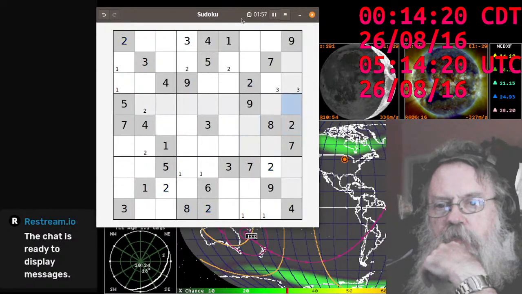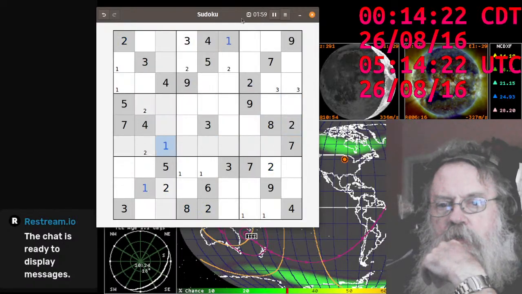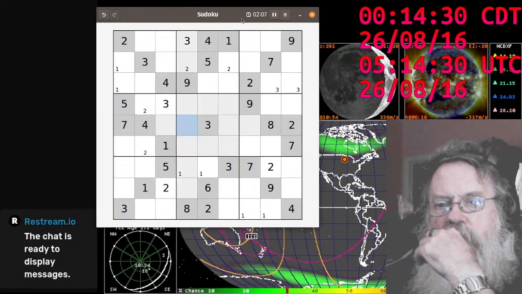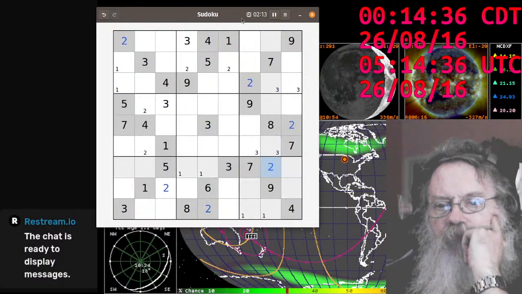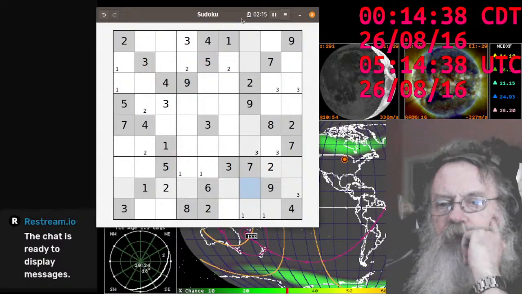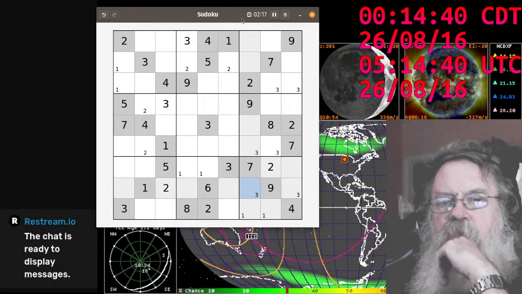Four possibilities here so far. 2 here, though. Oh, not that one, so that's a 3. Means one of these two is a 3, and down here, one of these two is a 3.